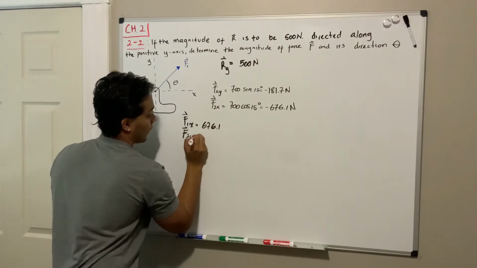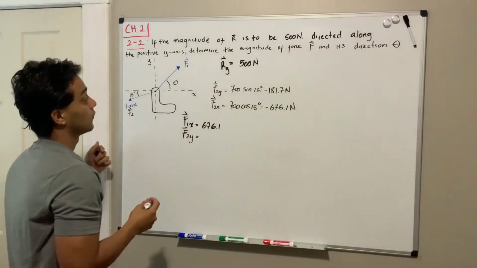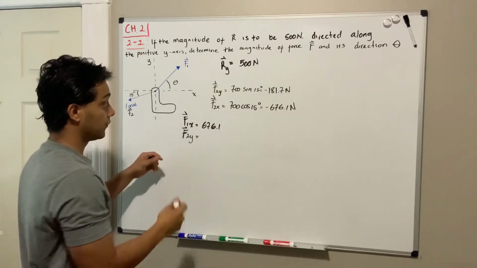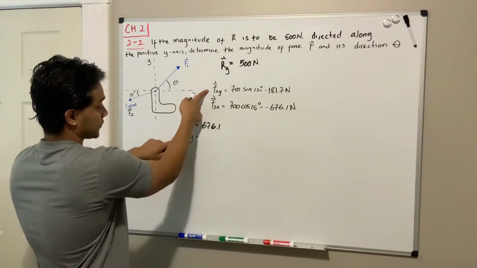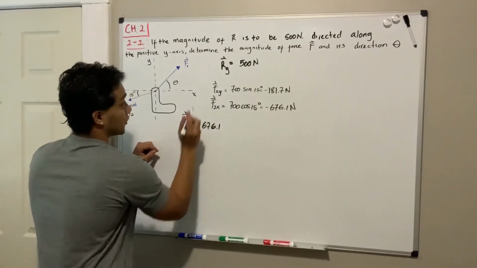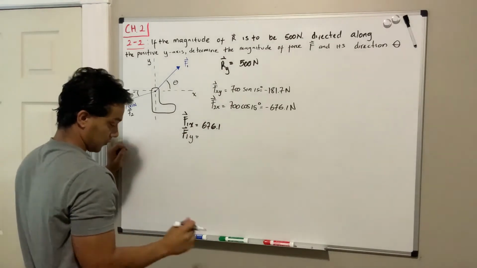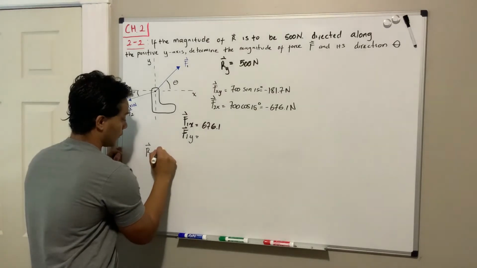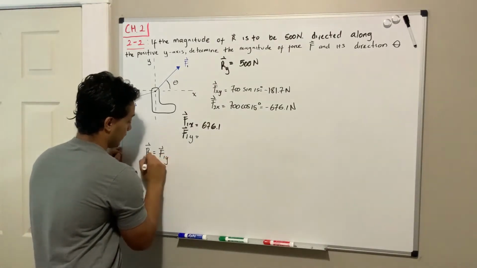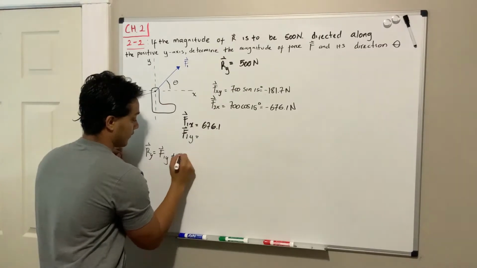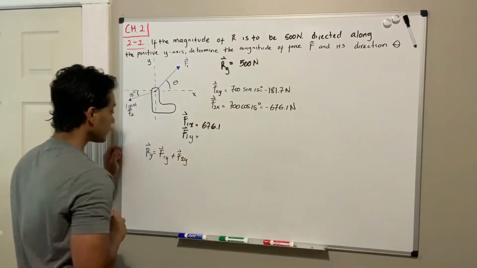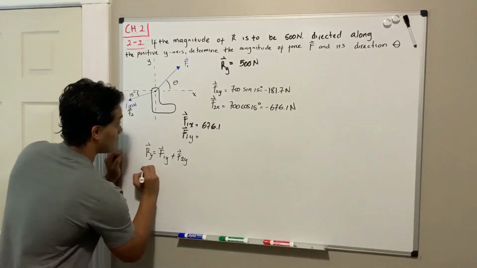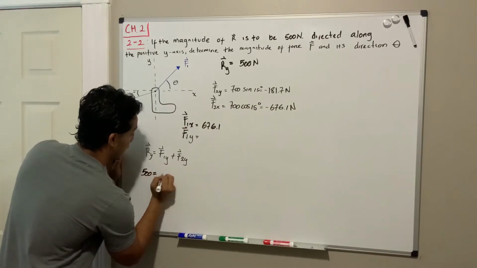Since we don't have the angle, what we know is that the resultant, which is the addition of the y of 2 and the y of 1, is going to be 500 positive. Basically, the resultant is supposed to be F of 1y plus F of 2y. We know this one, and we also know this one. So we get 500 newtons on this side.